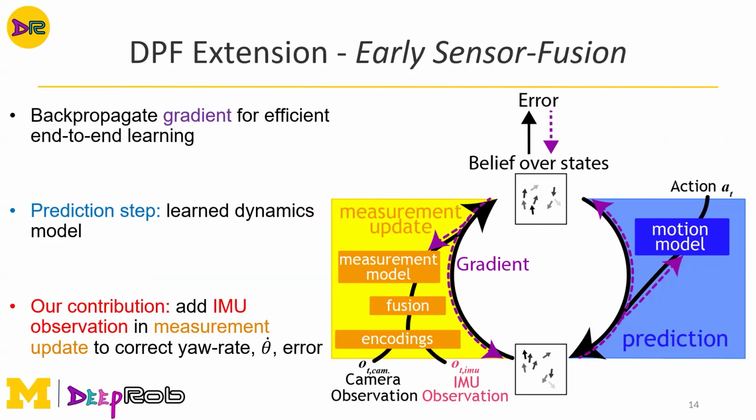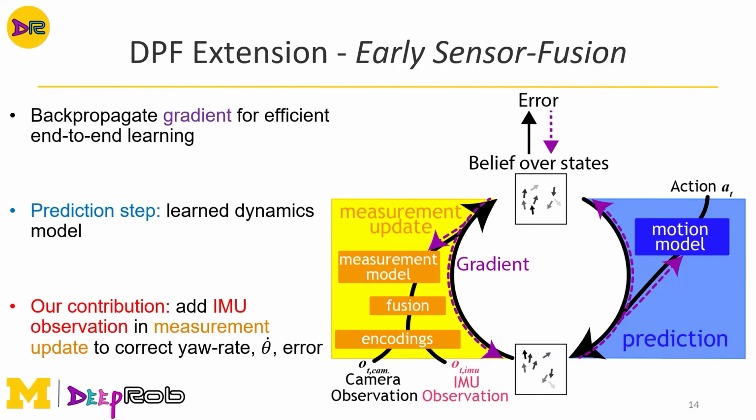Early sensor fusion involves incorporating a second observation into the observational encoding layer seen in the bottom left of the image. We then get a stacked encoding data tensor, and we pass it through a fusion layer, which allows the model to further correct for different scaling factors or different intricacies of the two different data types.